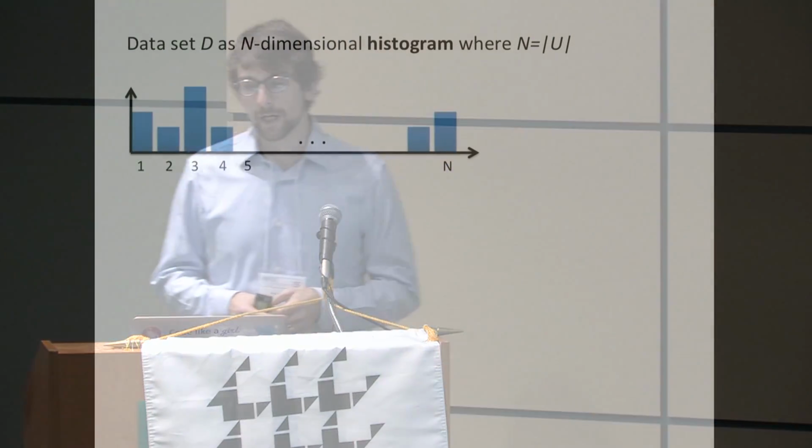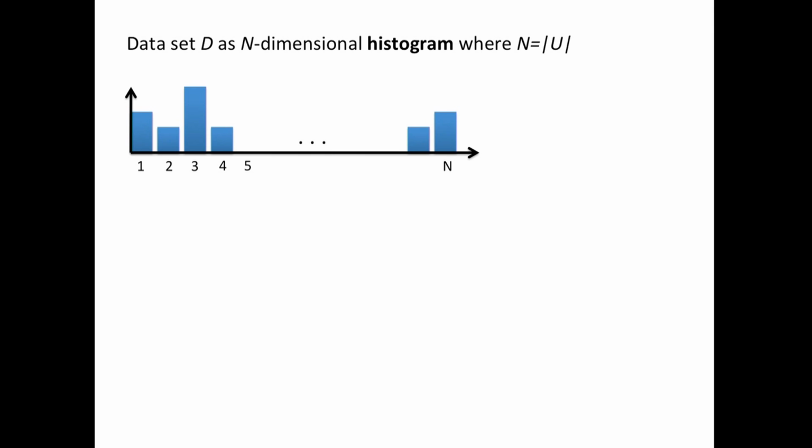Okay, and to be a bit more concrete, let me fix some representation for the data set. We'll actually think of the data set as a vector or as a histogram. And if you let capital N denote the number of elements in the universe, then you can think of the data set really as an N-dimensional vector where coordinate I tells you how many elements of type I are in the data set.